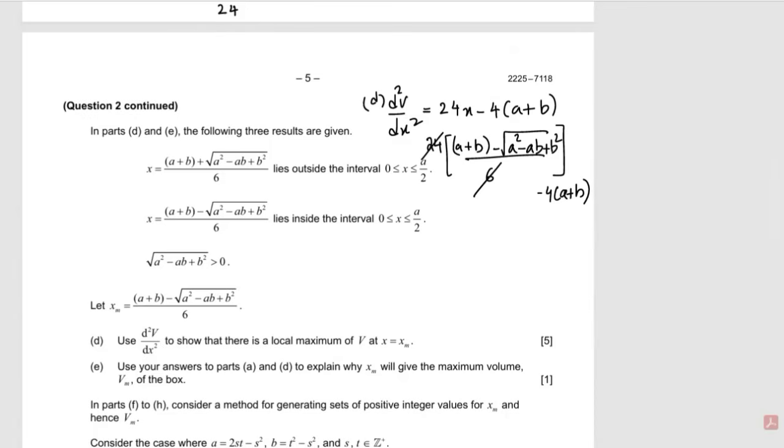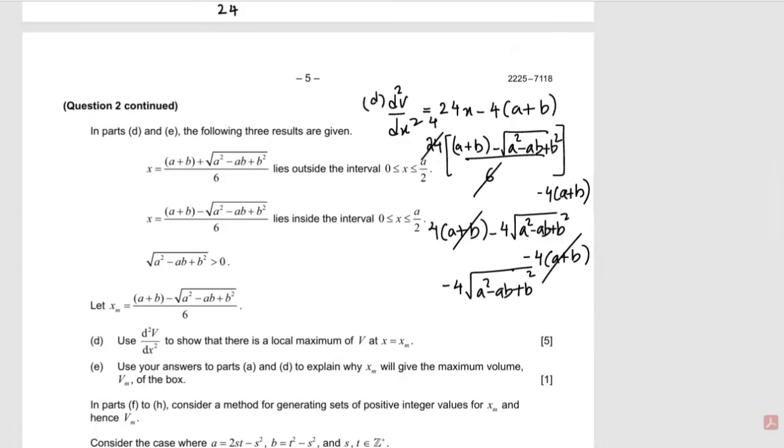So 24 over 6 is 4. So I get 4 times (A plus B) minus 4 times root of A squared minus AB plus B squared, and minus 4 times (A plus B). So these cancel and I'm left with a negative 4 root of A squared minus AB plus B squared.